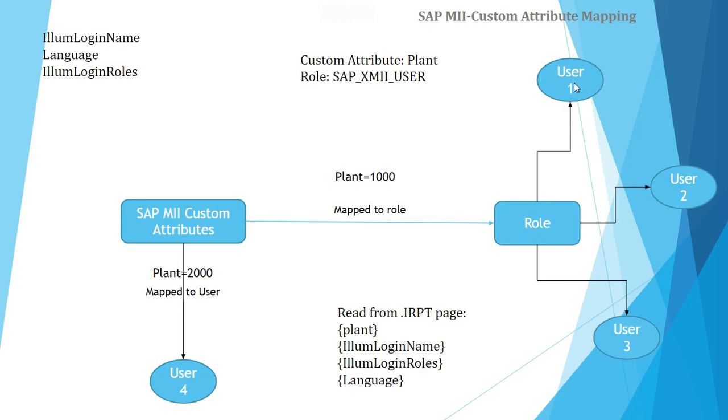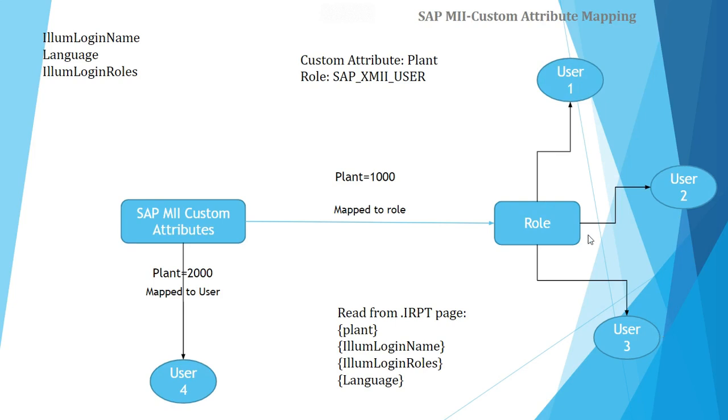So whenever user 1 logs into a web page, it will associate the value 1000 with user 1. The same value will be associated with user 2, and the same value will be associated with user 3 also, because you have mapped your custom attribute to the role, and the role has been assigned to these 3 users.